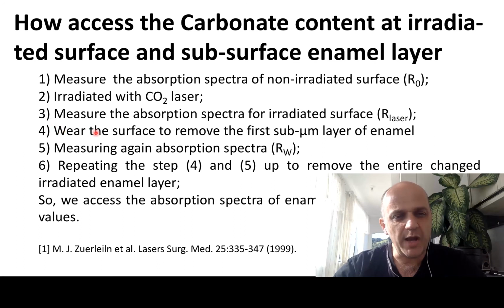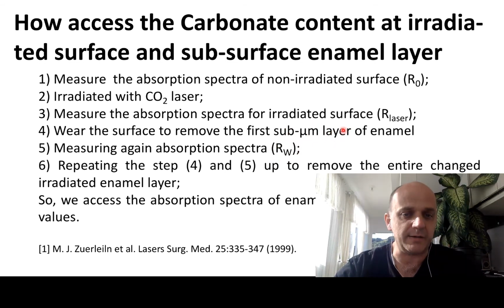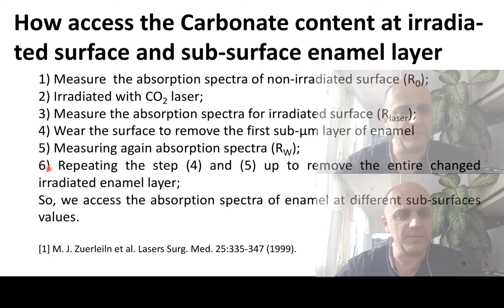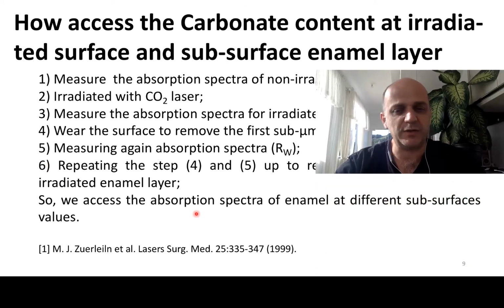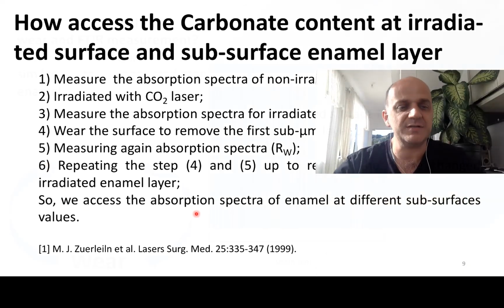After that, you wear your sample to remove a first sub-micrometer layer of enamel. Then you measure again the absorption spectra, and then you can calculate the carbonate content for this sub-micrometer layer. Then you repeat steps 4 and 5 until you remove the entire changed irradiated enamel. So we have accessed the absorption spectra of enamel at different subsurface depths.